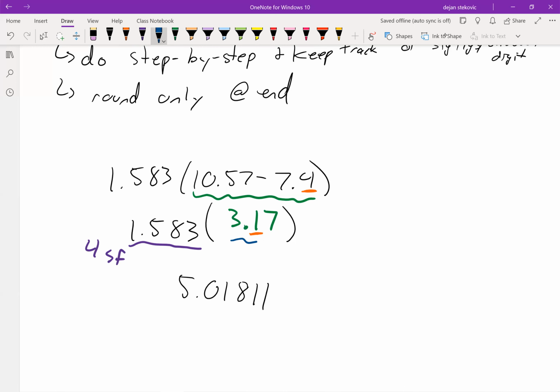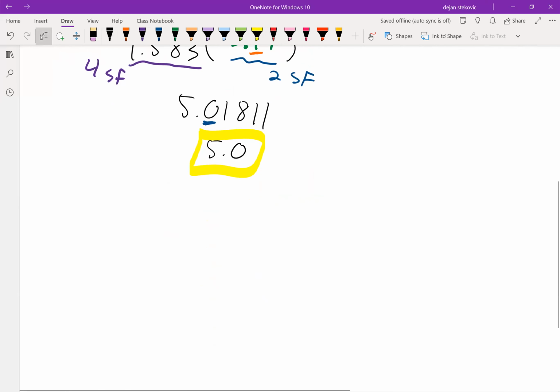On this right side right here, because the uncertain digit is in the tenths place, we have only 2 sig figs, which means that our answer must be rounded to 2 sig figs. So that's that 0 right there. So it'll be 5.0 as your final answer, right? So you have to take it step by step and then do all your rounding at the end.